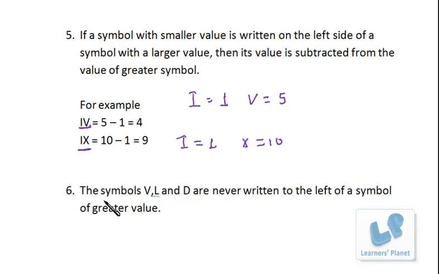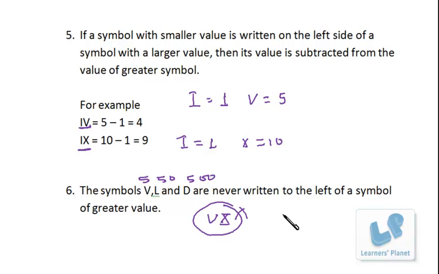Now the next rule is the symbols V, L and D are never written to the left of a symbol of greater value. What does V mean? V means 5, L means 50 and D means 500. These symbols are never written to the left of a symbol of greater value. That means VX, suppose I write this number, is not a valid example.